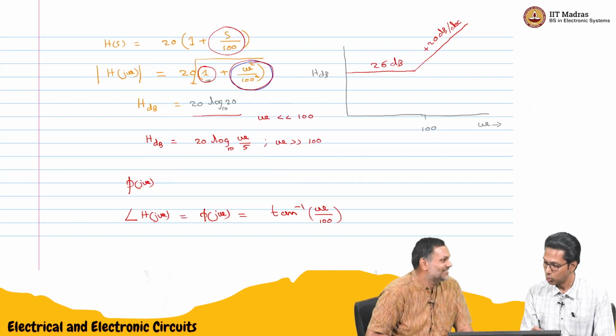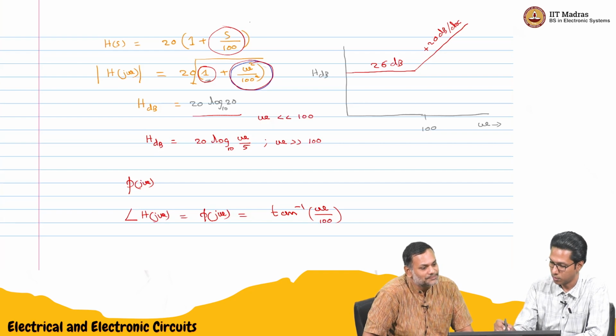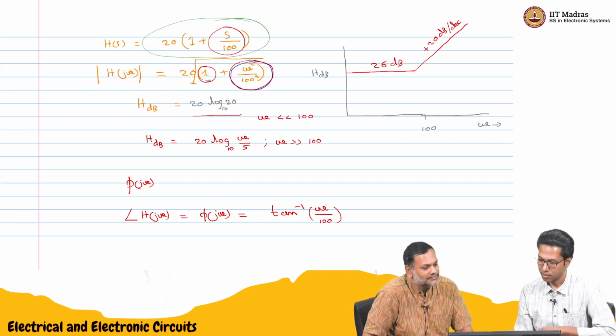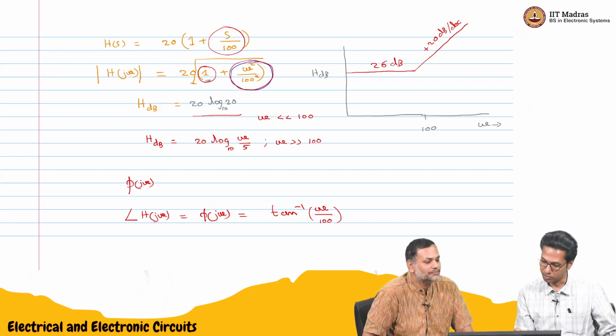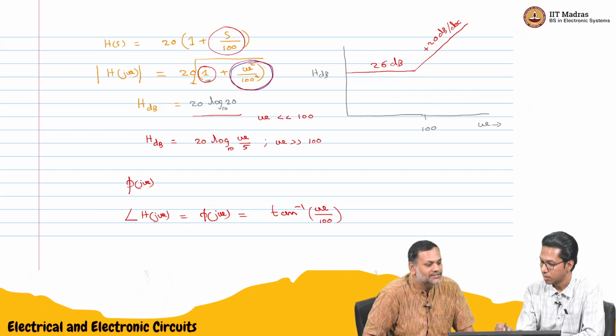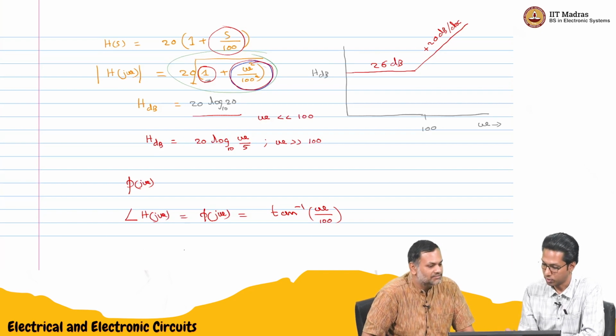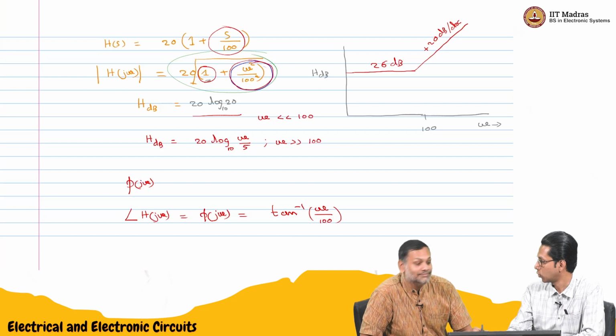Then we took an example like this, where we have H of s equal to this, and the magnitude we have written in this fashion. Again, we looked at omega very small compared to 100. We have the total magnitude in dB equal to 20 log 20. That's a constant till omega equal to 100.